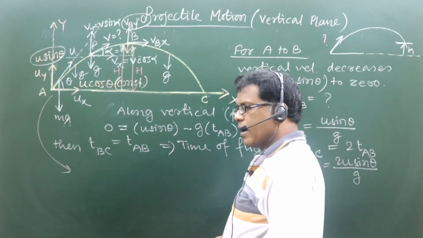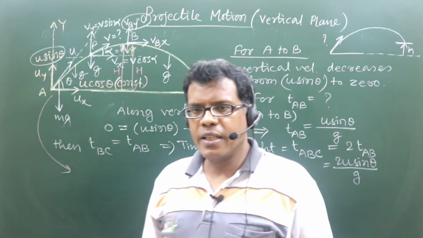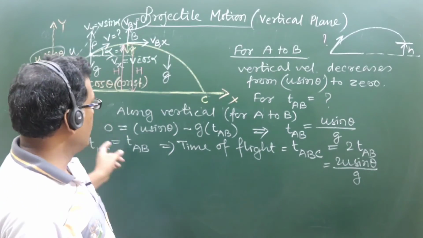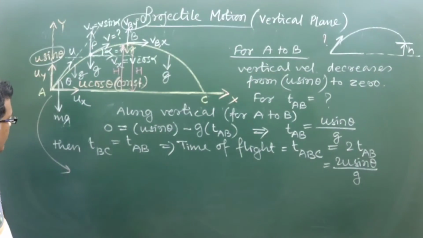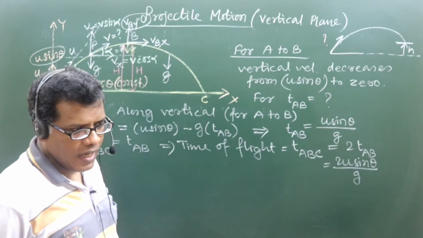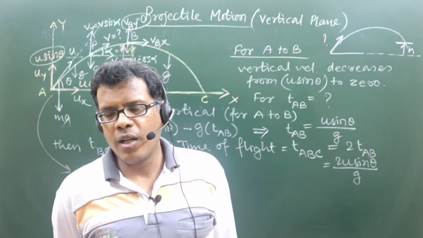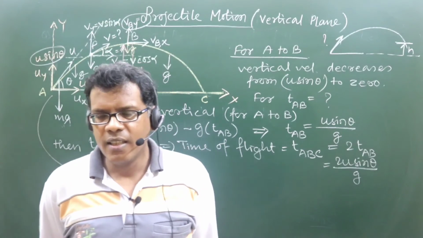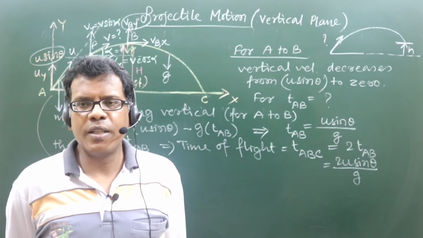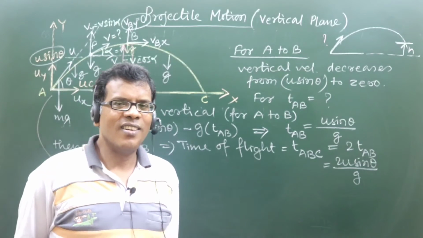If I ask you, tell me the vertical displacement in the overall journey from A to C, in the general case, because the line on which A and C are shown, both of them are lying on a horizontal line, so the vertical separation between them, won't it be 0?